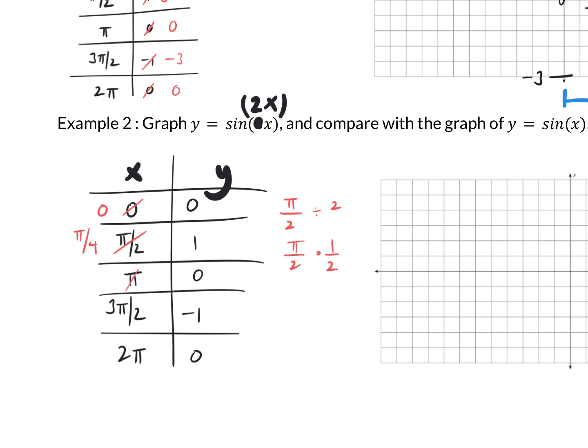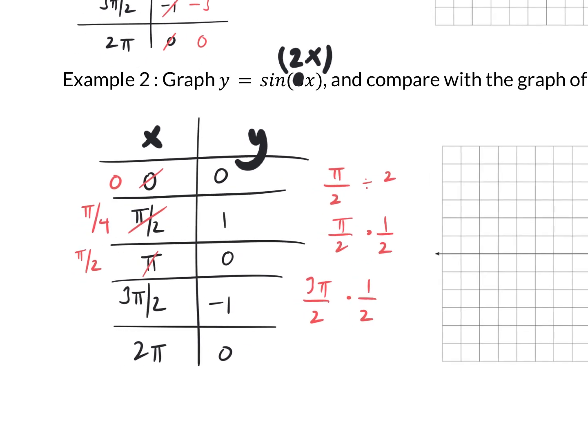Take pi, divide by 2, that's an easy one, pi over 2. If I take 3 pi over 2 and I divide by 2, or times it by 1/2, what do I end up with? 3 pi over 4. And then lastly, 2 pi divided by 2 is just going to give me pi.